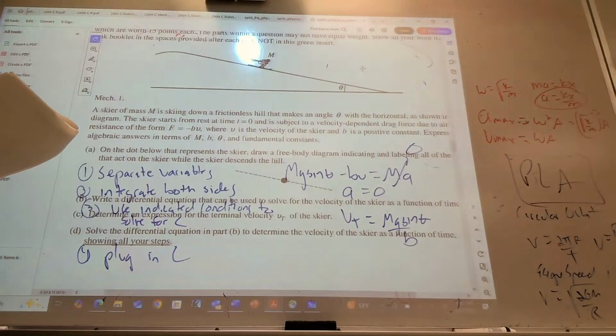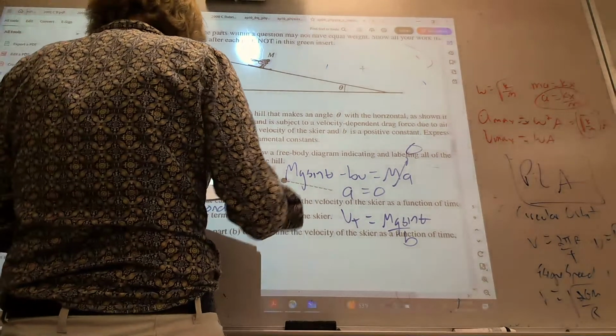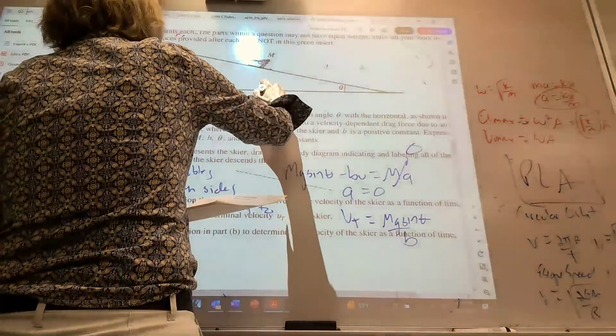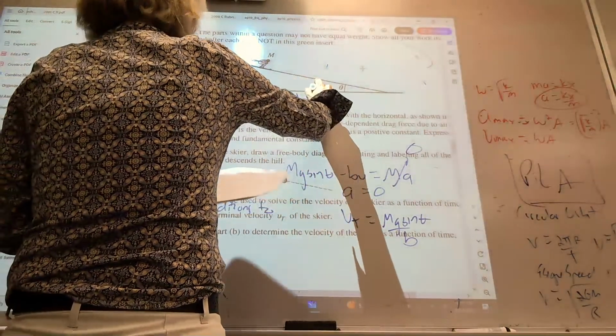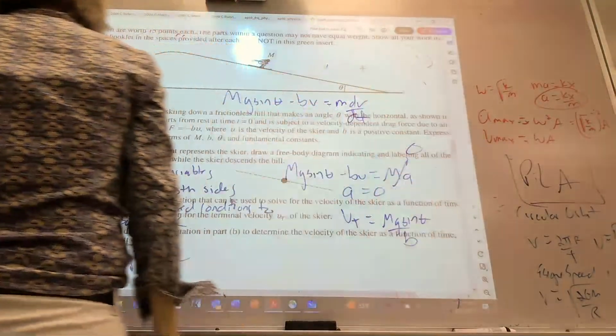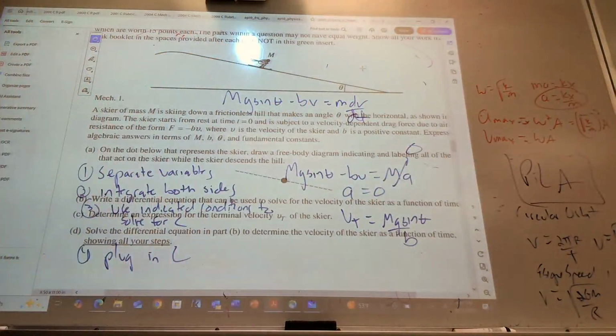So let's go back to our original equation where we're doing the u to u. I have mg sine theta minus bv is equal to m dv dt. So we're going to separate our variables. That means you have to put the v with the dv, and if there were a t here, you'd have to put it with the dt.